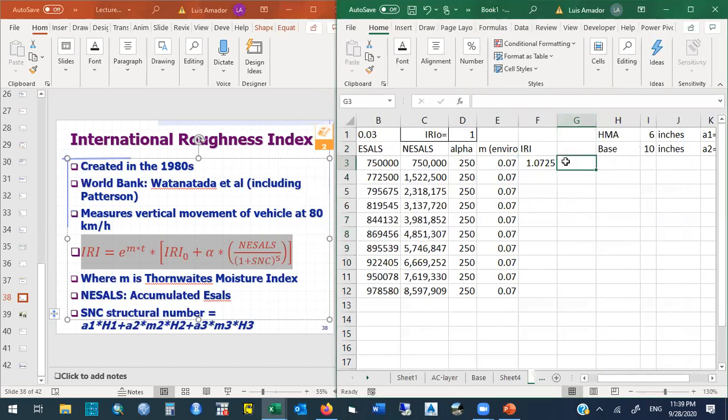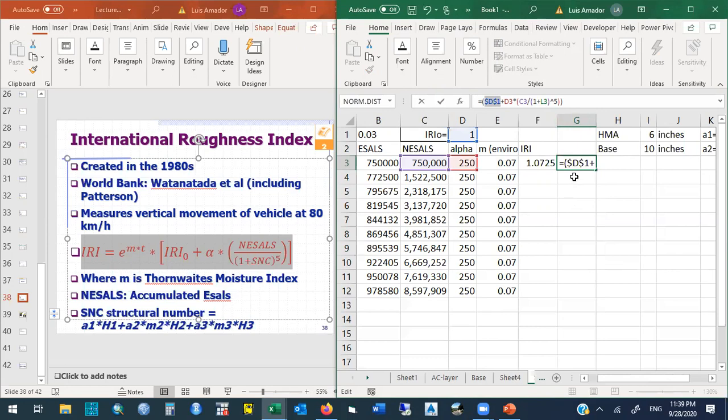Oh, it doesn't want to take it. Okay, give me a second. Something happened here. Okay, but this is the one, right? So the one is going to be fixed. Alpha. Did I make a mistake with the alpha?